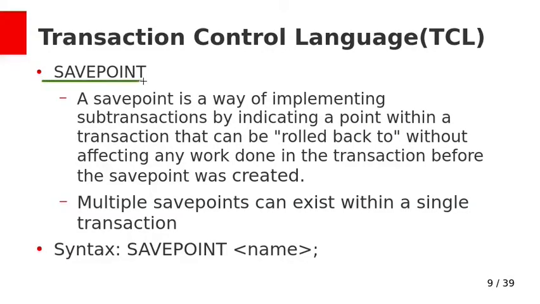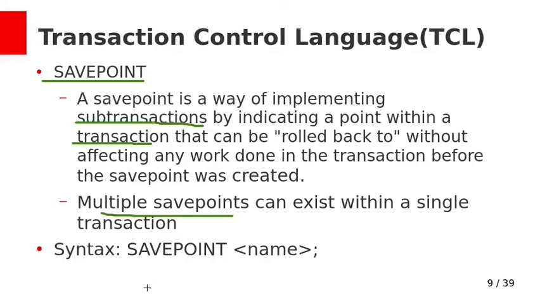Another command, savepoint, is used to implement sub-transactions within the transaction. With these savepoints, we can roll back some portion of the transaction without affecting other portions of the transaction. We can create multiple savepoints within a single transaction.